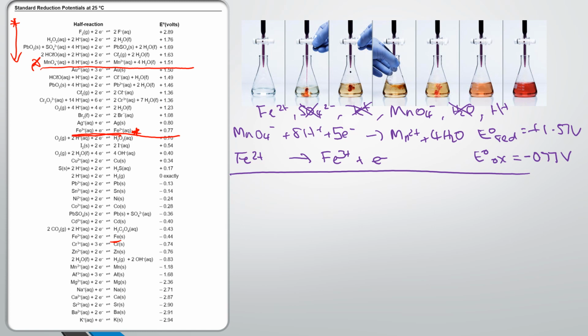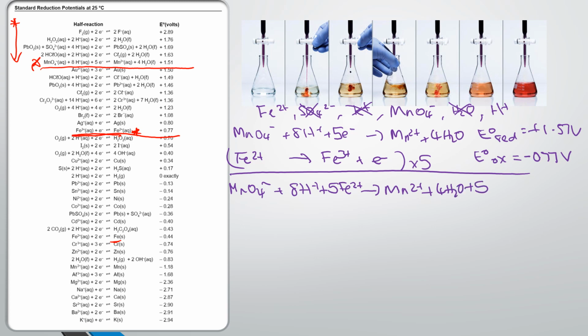Now to put them together, you're going to have to multiply this by 5 because of the 5. So this becomes permanganate plus 8 hydrogen ions plus 5 Fe2 ions goes to manganese ions plus 4 water plus 5 Fe3 plus ions.